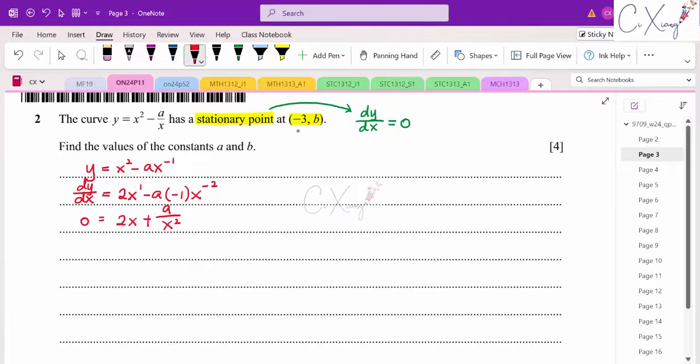From the question, I know that when x equals negative 3, I will get the stationary point, which means I will substitute x as negative 3 in this equation. Then when I simplify, basically I will have 6 equals a over 9. So by right, if I simplify, a should be equal to 54.